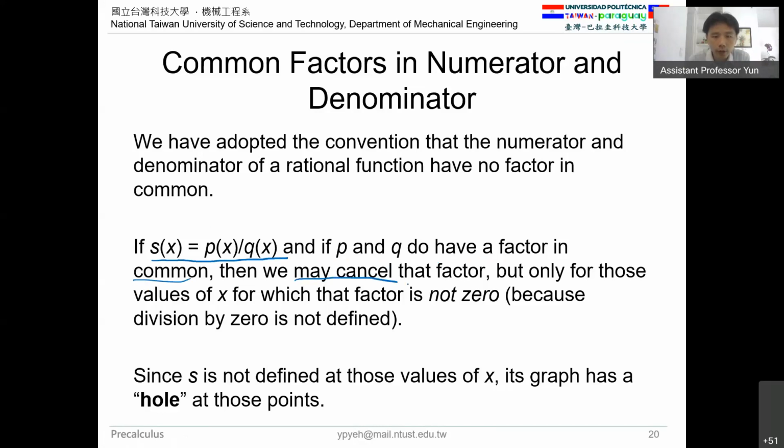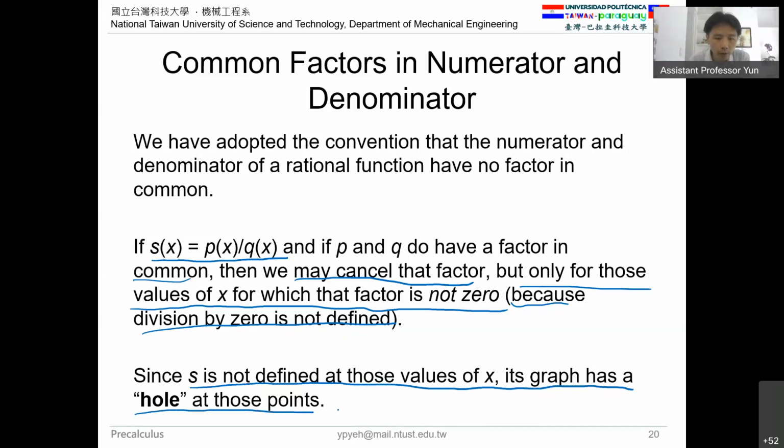Usually we will cancel this factor, but only for those values of x for which the factor is not zero, because division by zero is not defined, where the denominator is 0, right? So since the function is not defined at these values of x, when we graph these rational functions, there will be holes at this point here. Okay.